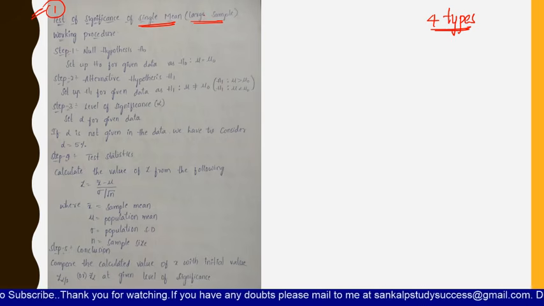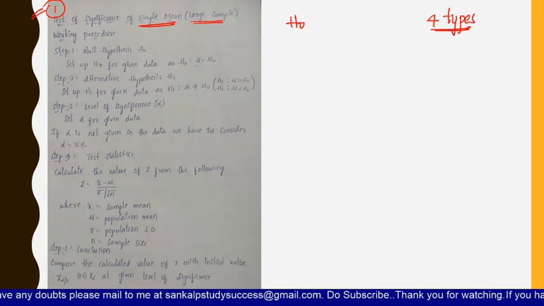Now let us see the working procedure of single mean. Just now we have seen how we specify step by step. In the same way, the first step is the null hypothesis H0. Set up H0 for the given data as mu equals mu naught.